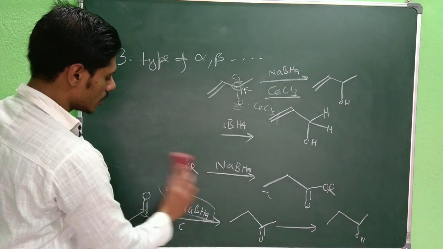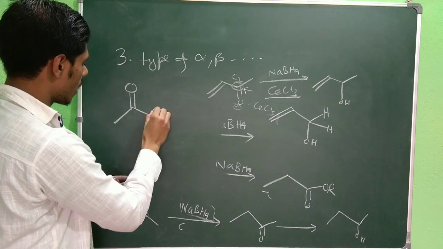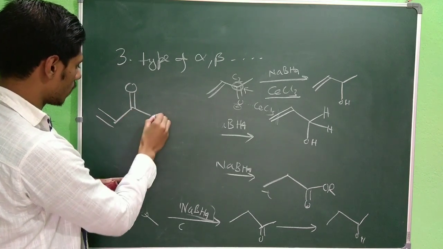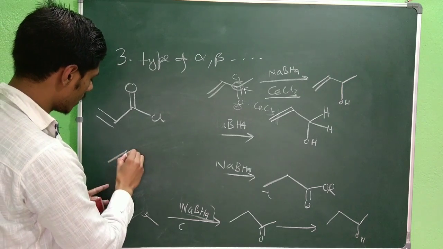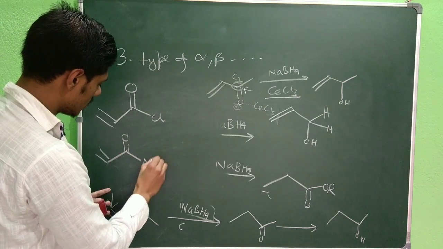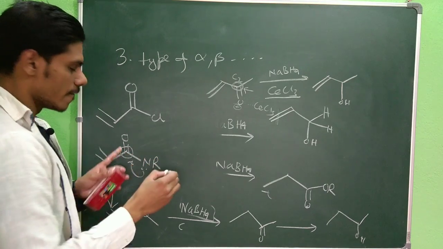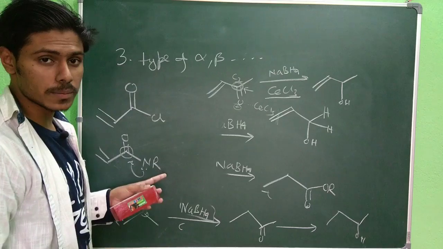Similarly, if you consider an acid chloride, which is an alpha beta unsaturated carbonyl compound, and an amide, you can easily say that in this amide, this carbonyl group is not very electron deficient.